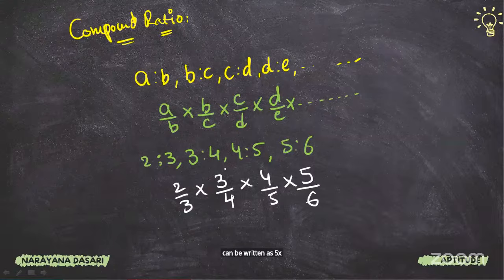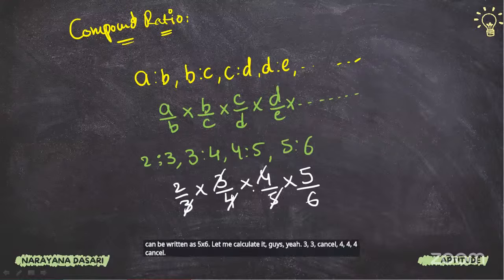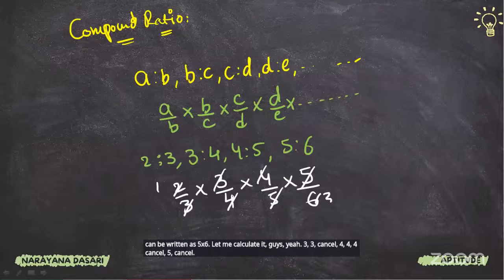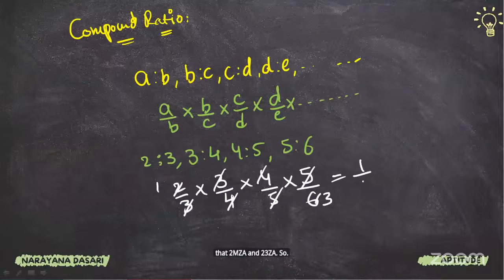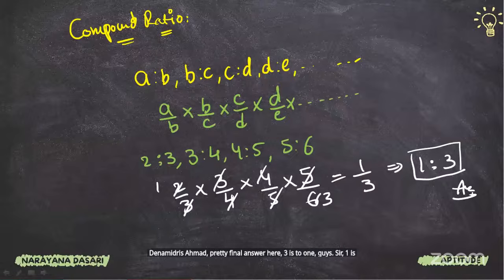Let me calculate, guys. 3 cancel, 4 cancel, 5 cancel, then 2 ones are 2 and 2 threes are 6. So numerator is how much? 1. Denominator is how much? 3. The final answer here 3 is to 1, guys. Sorry, 1 is to 3, guys. 1 is to 3. Okay, right.